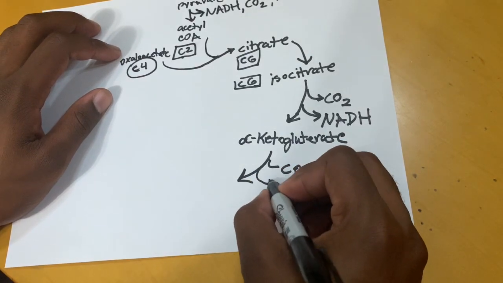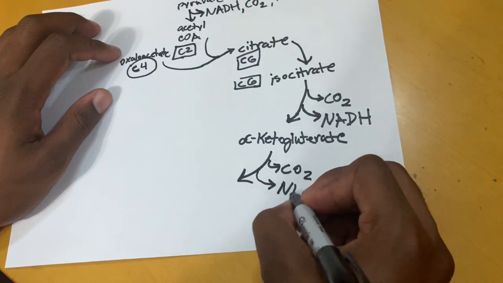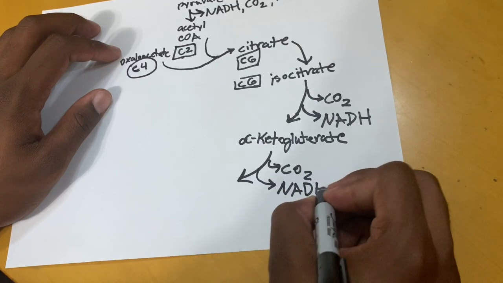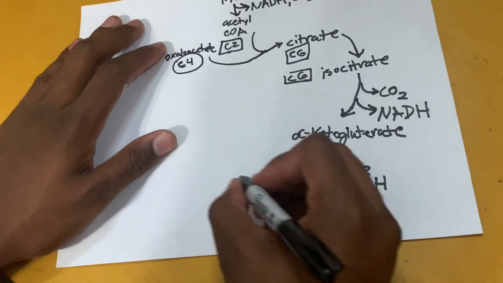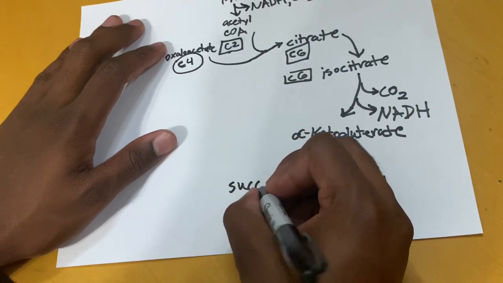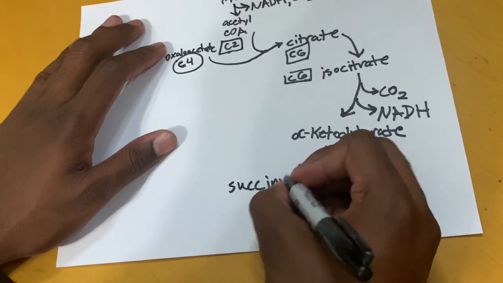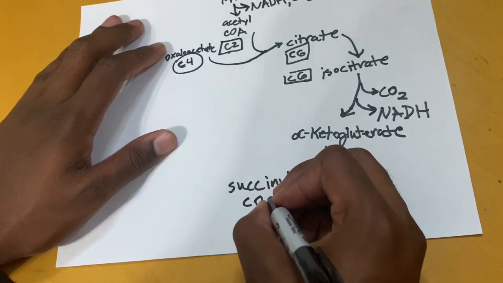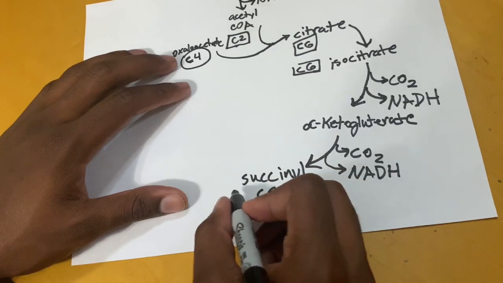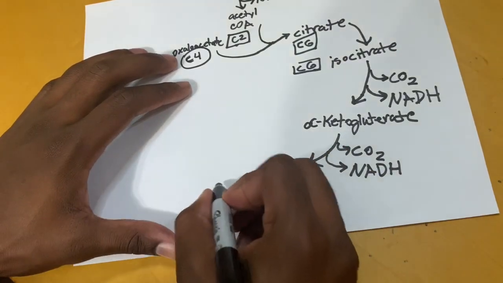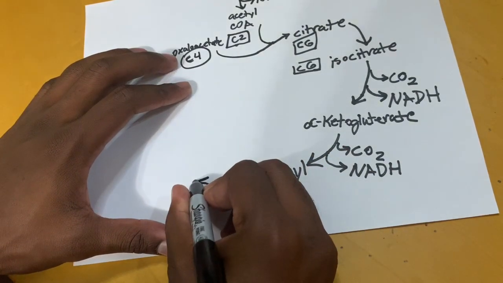And she said, again, nah, this isn't the right guy for me. And so she said, you know what? Life sucks. So the next step is succinyl-CoA, right? Because life sucks.